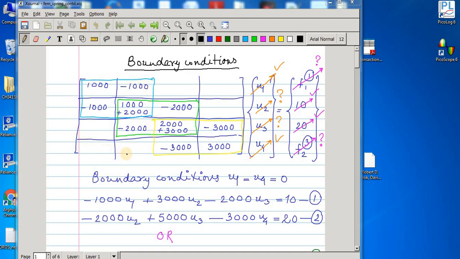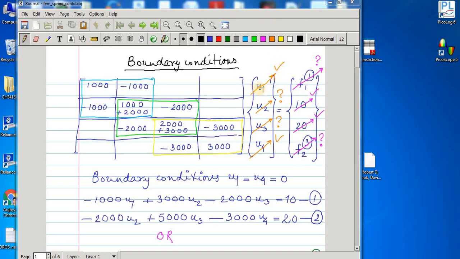This was the system stiffness matrix. These were the displacements at the degrees of freedom, and these were the forces at the degrees of freedom.